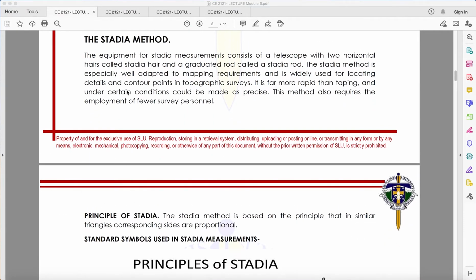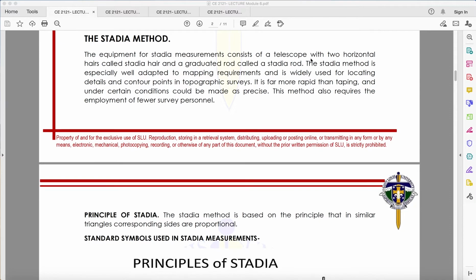Okay, so what is the stadia method? The equipment for stadia measurement consists of a telescope with two horizontal hairs called the stadia hairs and a graduated rod called the stadia rod. The stadia method is especially well adapted to mapping requirements and is widely used for locating the details and contour points in topographic surveys.